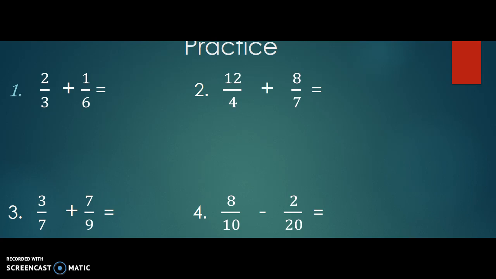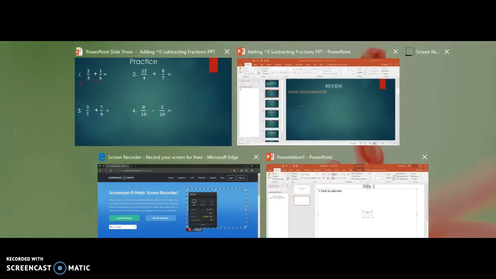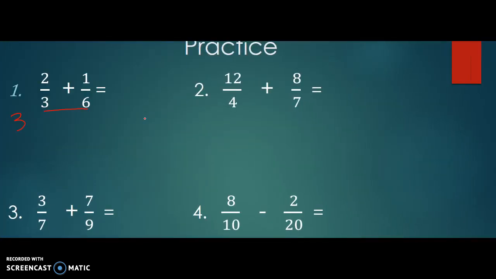So now that you have finished working them out yourself, let's go through them together. 2 over 3 plus 1 over 6. My denominators are different, so I need to change them. My multiples of 3 are 3 times 1 is 3, 3 times 2 is 6, 3 times 3 is 9.